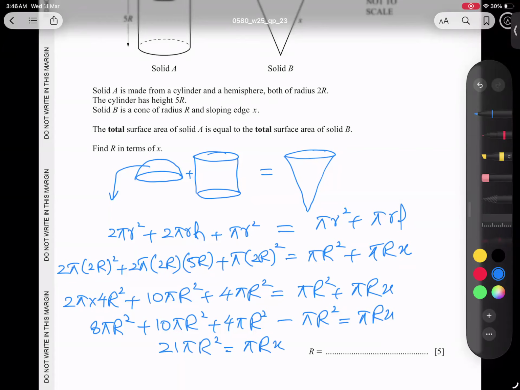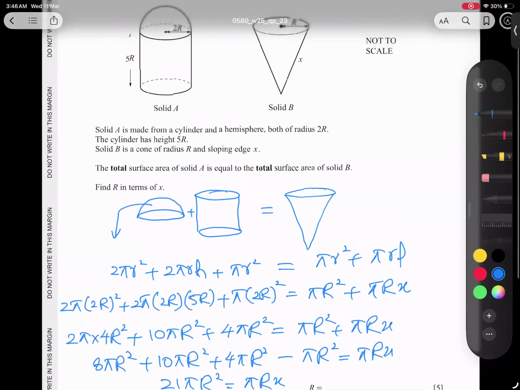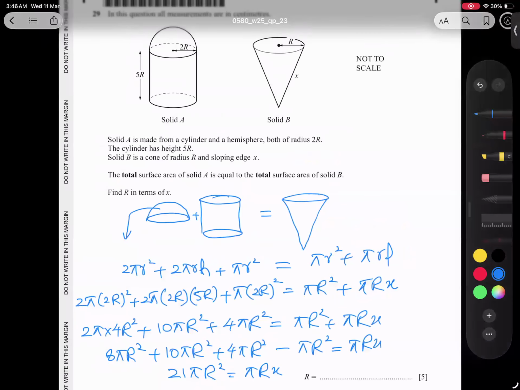And once again I check it. Pi cancels, and x is what we are looking for.